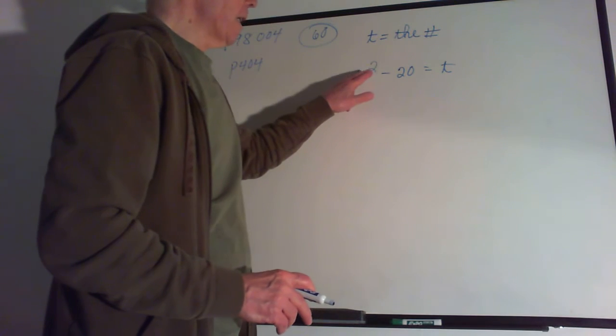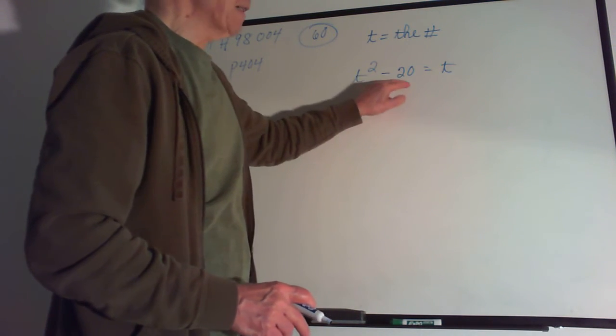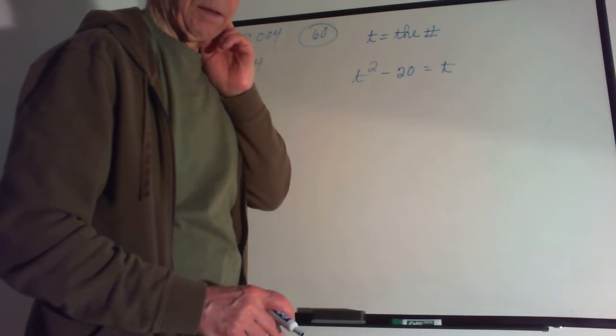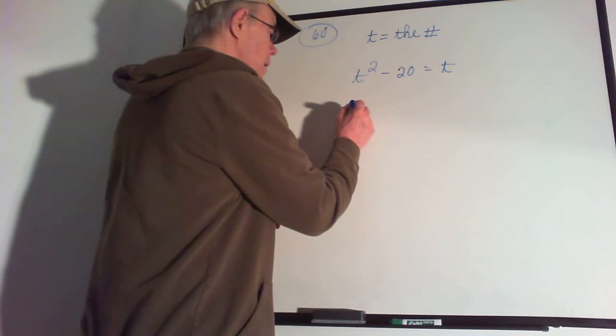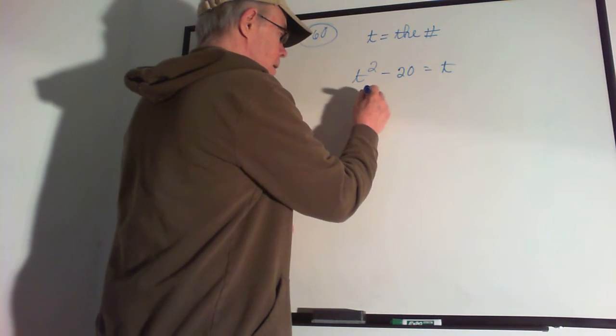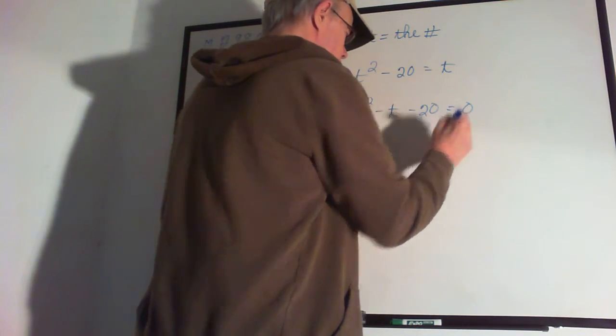So t, it says it's 20 more than the number, so t squared minus 20 should give you t. So I'm going to bring t to this side, then I'm going to factor it.